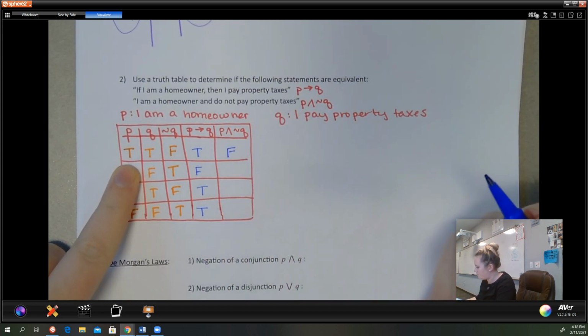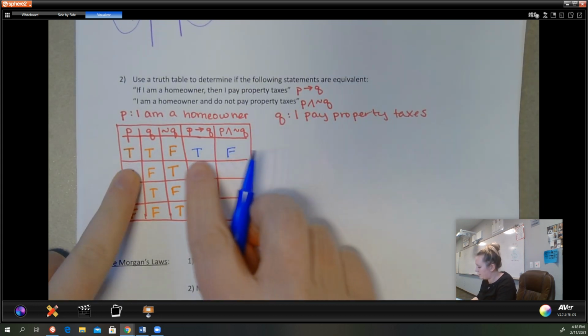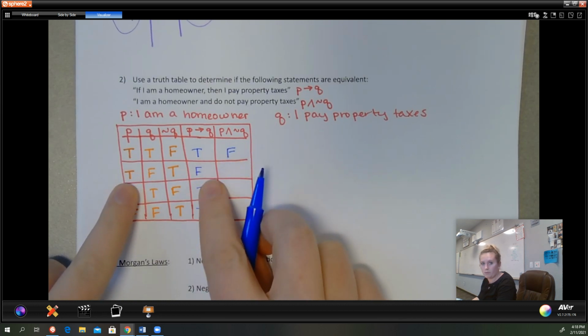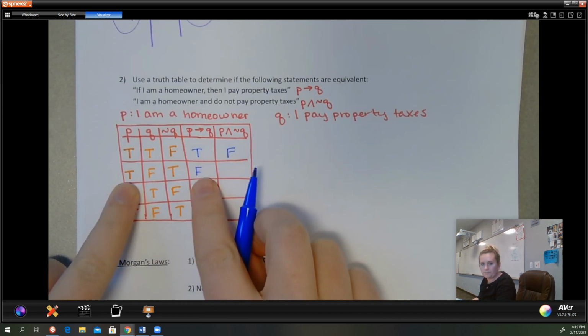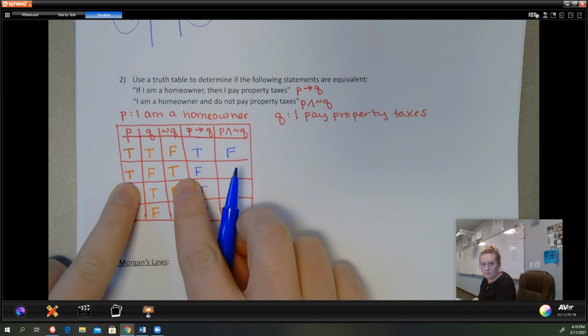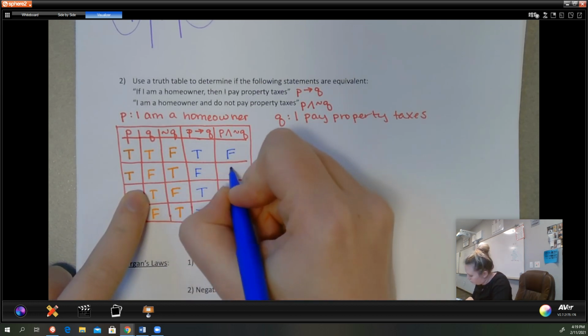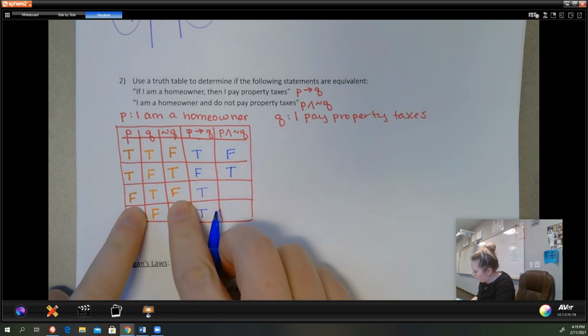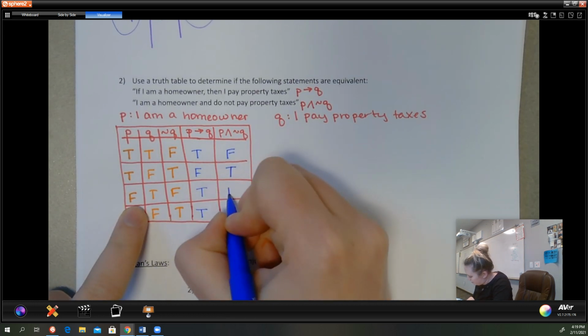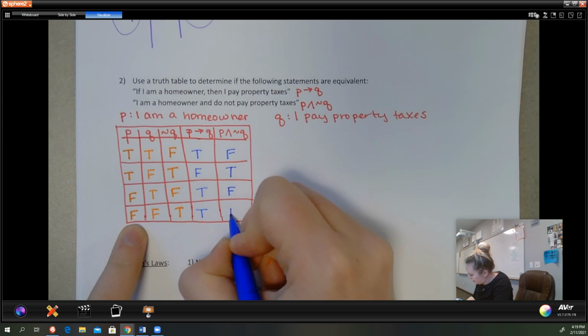Bam, we already showed that they are not equivalent because the first row doesn't match, but we can keep going. All right, P and not Q are both true, so this one's true. Both false, that's false. False, true, that's false.